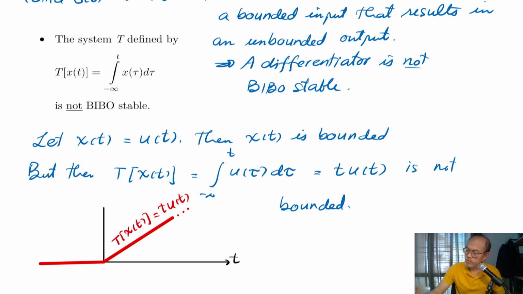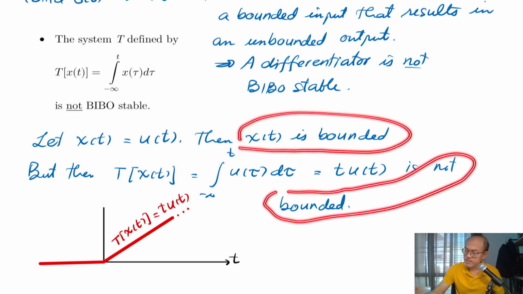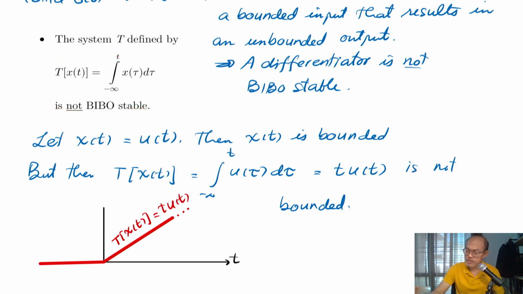Now we have shown that there is a bounded input that produces an unbounded output. So the system here, this integrator, is not bounded.